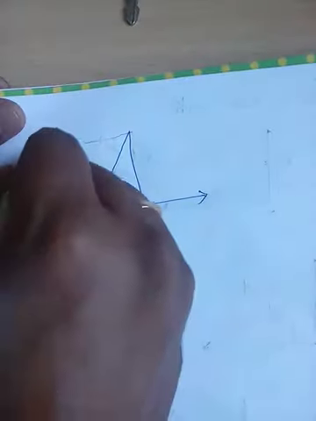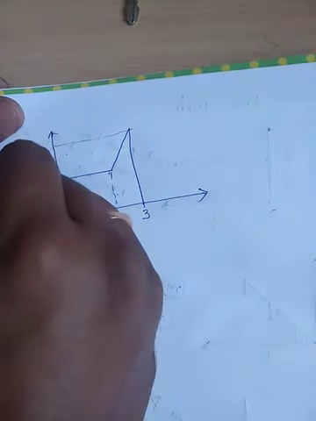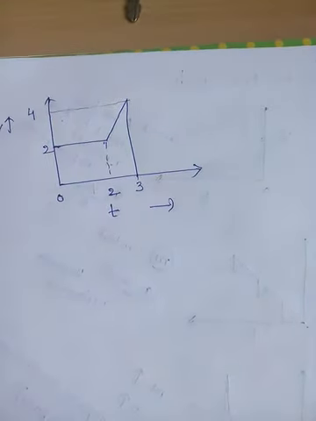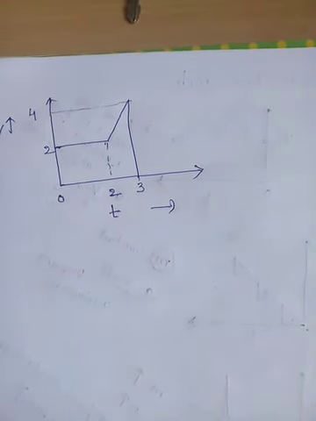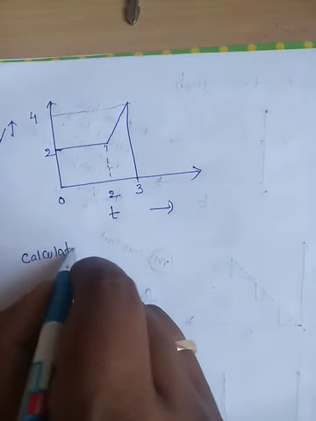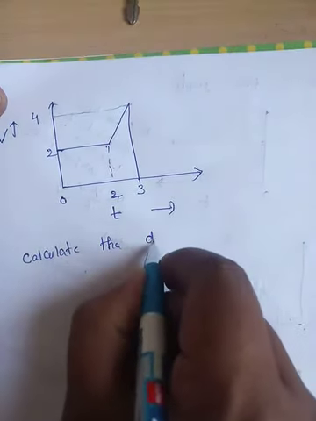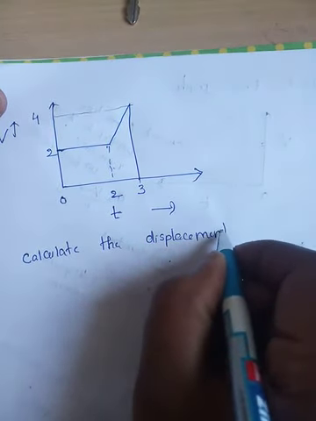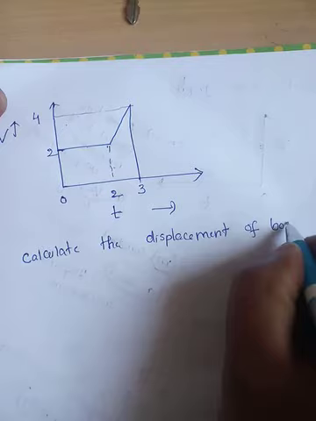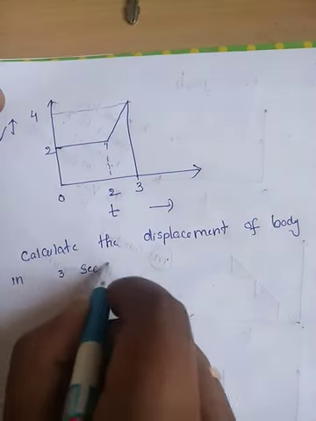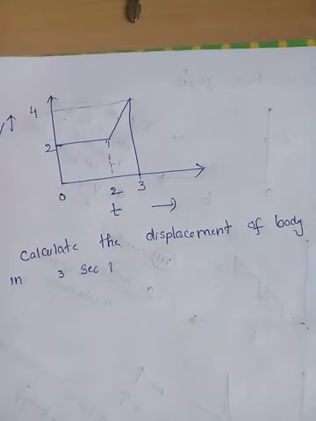This is 2 and this is 4. This is a velocity time graph. The question is to calculate the displacement of the body in 3 seconds.